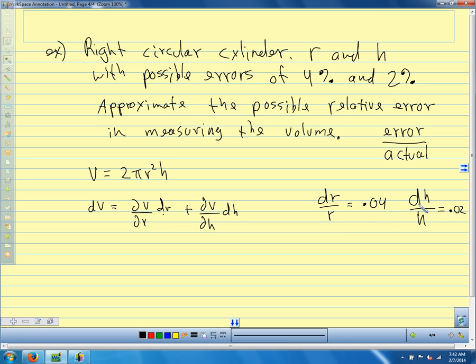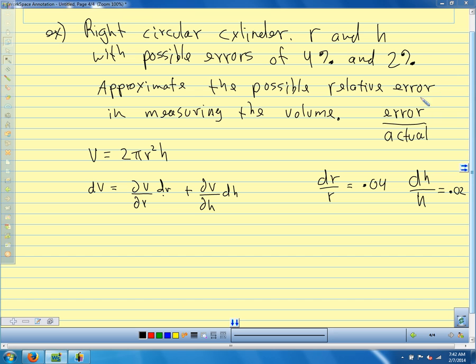So we're going to use these quantities and our total differential to approximate dV over V. So our relative error is going to be dV over V. So let's calculate out dV, find our derivatives.